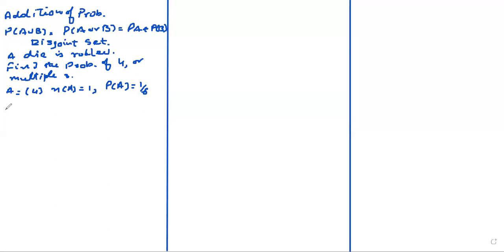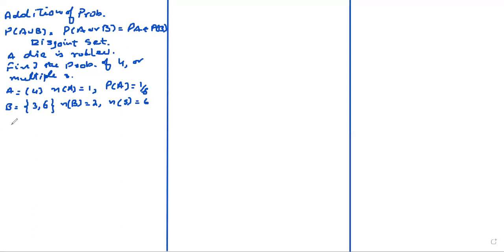Second event is B, which is multiple of 3. Multiple of 3 is 3 and 6. So n(B) equals 2, and n(S) equals 6, we know.